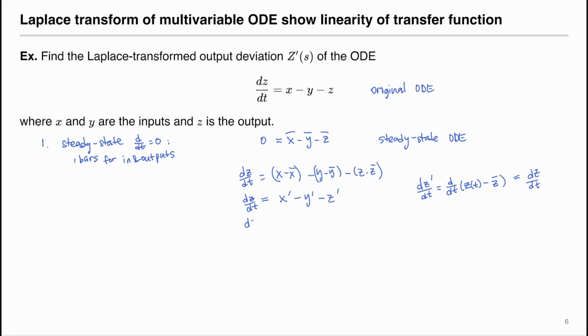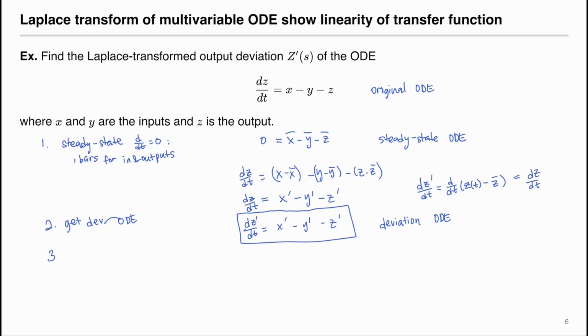So we have dz prime/dt equals x prime minus y prime minus z prime. Here we have gotten the deviation ODE.